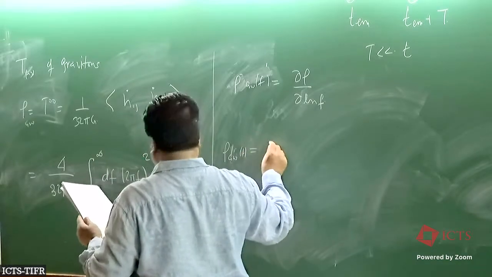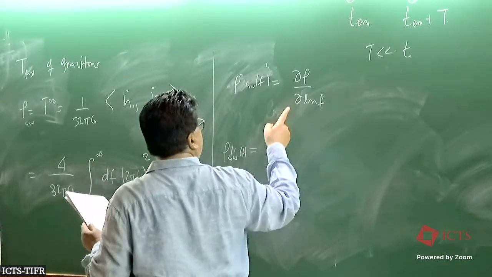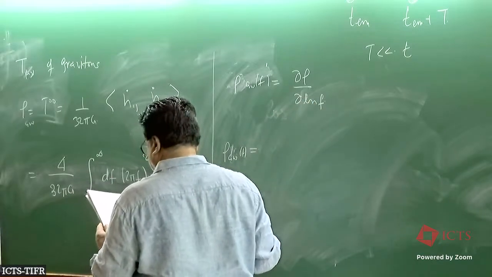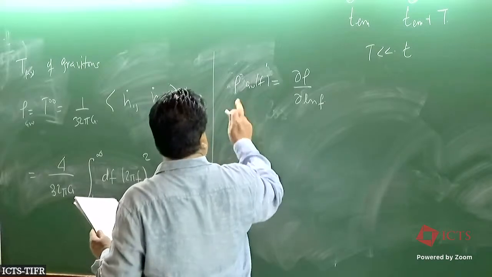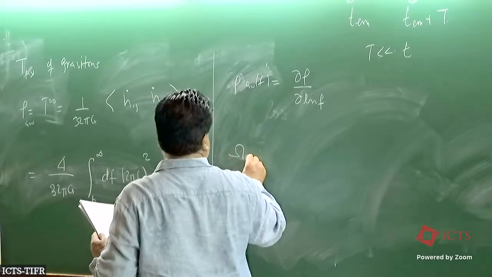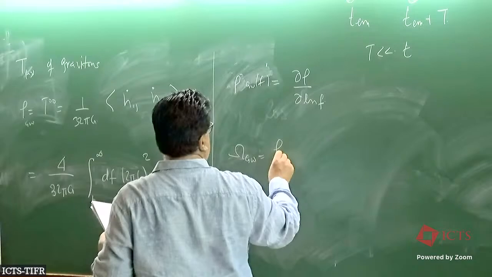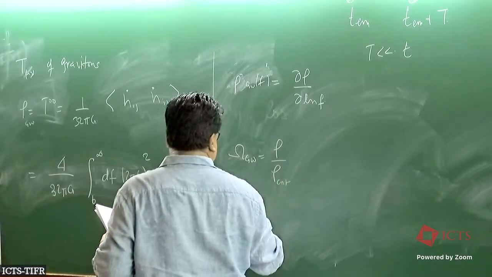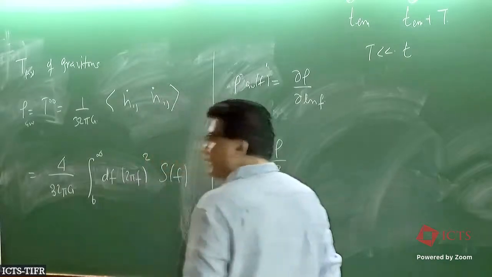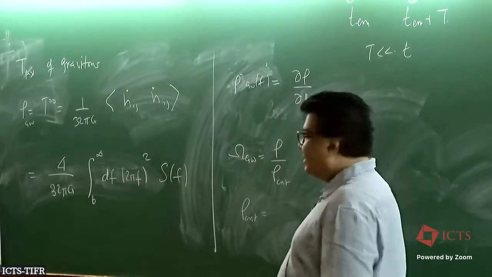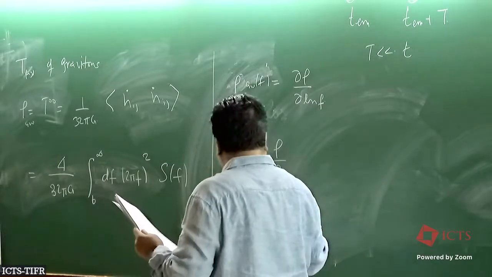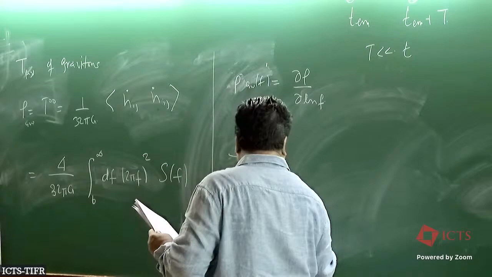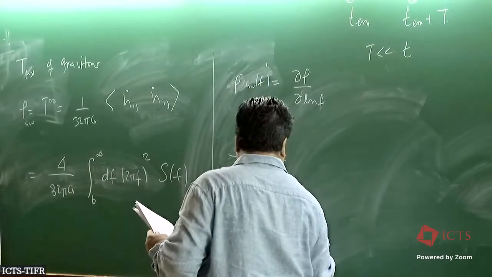So if I take this formula, first I have this rho of GW, then I define my omega of GW, which is rho divided by rho critical, and my critical density depends upon H naught squared divided by 8 pi G by 3.